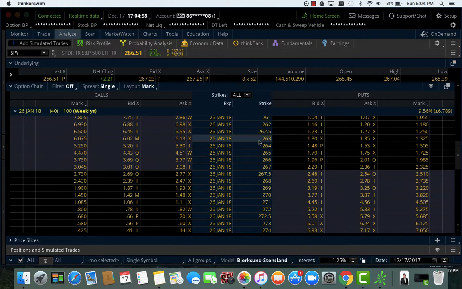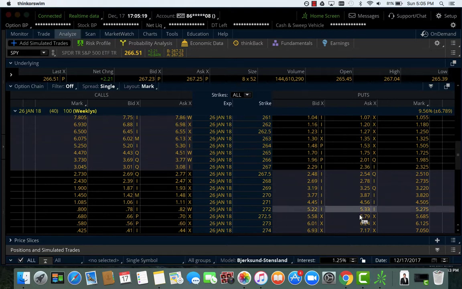Now on the other side, sellers of in the money calls will be short 100 shares at the strike price if the call is in the money. So if the price of SPY is greater than a call that you're short, let's say the 264 call, you have to sell 100 shares of SPY at 264, and you are already a loser in that case.